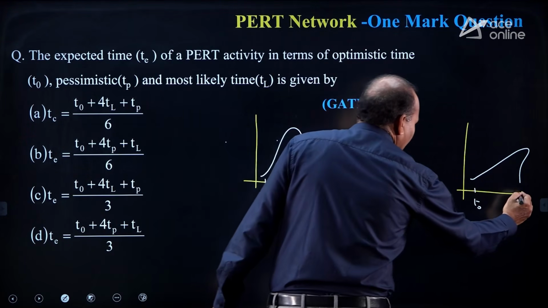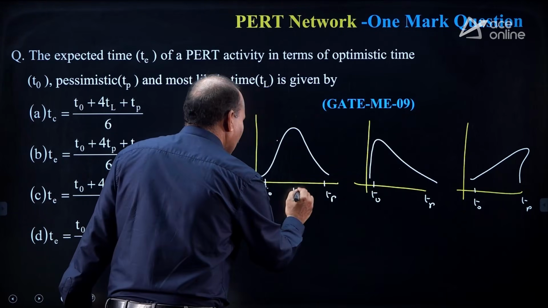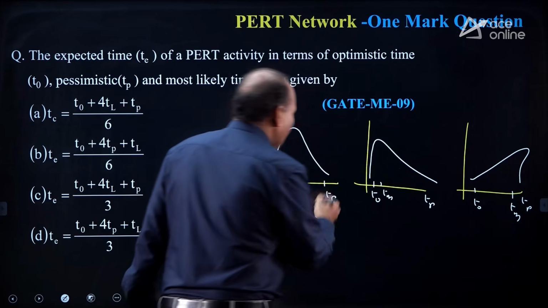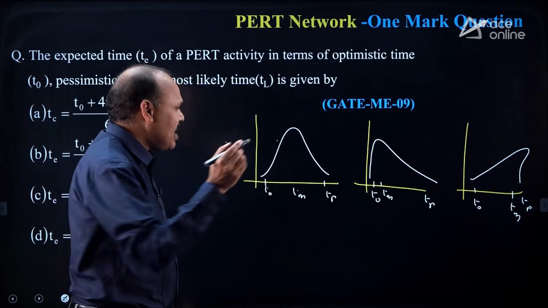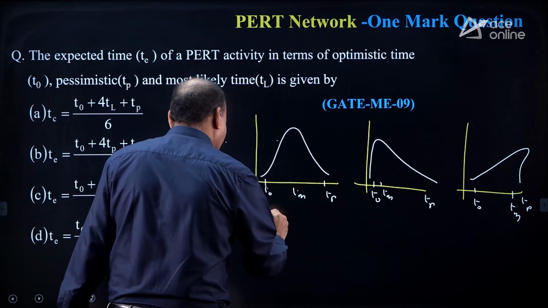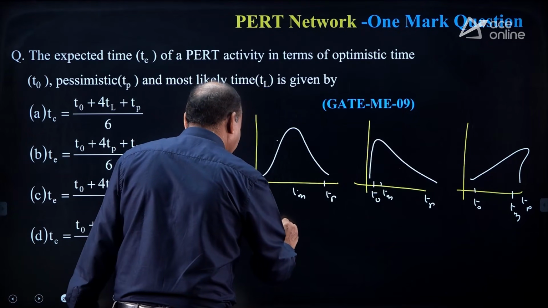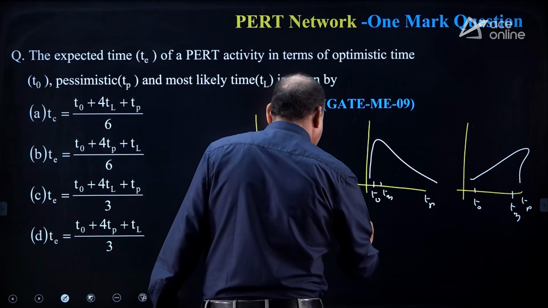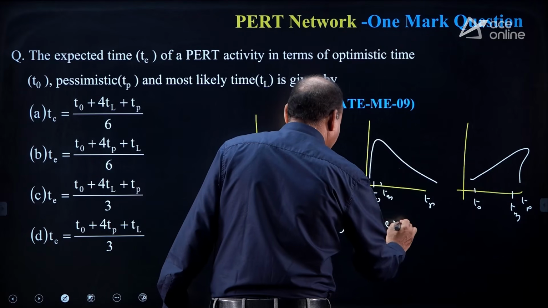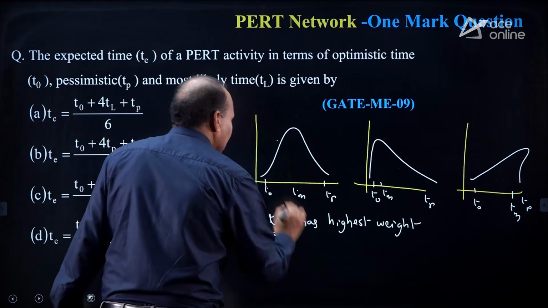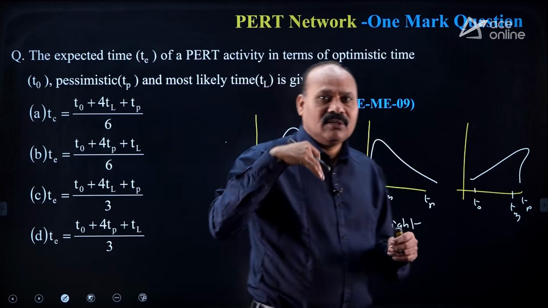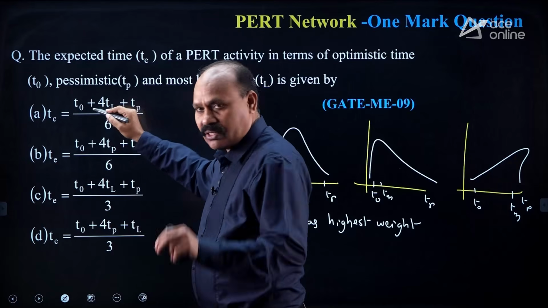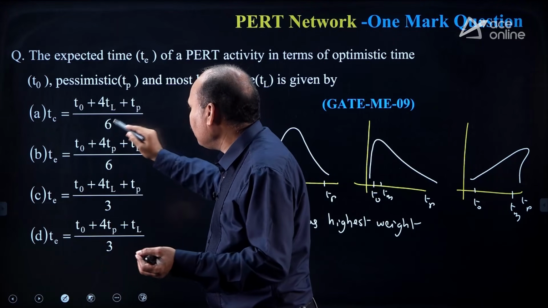T naught, Tp, and in between the most likely time. So Tm has more weightage, the highest weightage, so don't forget. T naught and Tp are on the lower side. Tm refers to the most likely time, T naught plus Tp by 6.